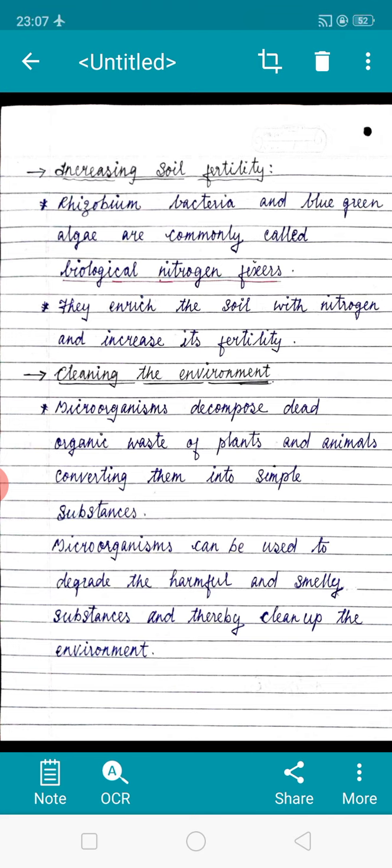Thus, the microorganisms can be used to degrade the harmful and smelly substances, and thereby it cleans the environment. And the plant waste is converted into manure with the help of microorganisms. That means the microbes help in converting the plant waste into manure. And you know, certain microorganisms are used in sewage treatment also.